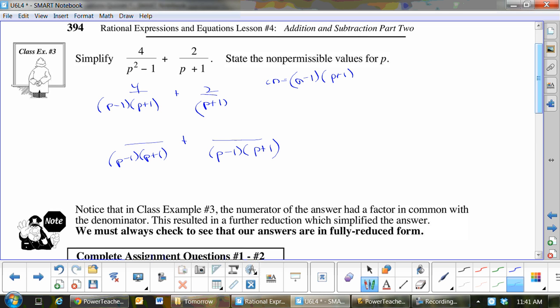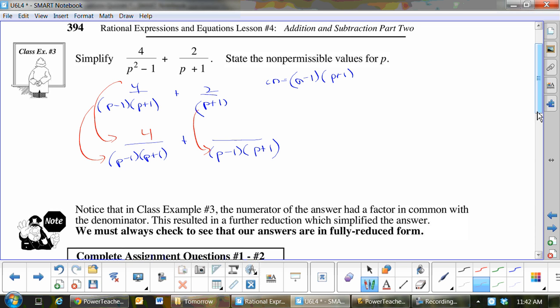Now what do I have to do to this denominator to get this denominator? I'll have to do the same here. Multiply by 1. Sure. 4 times 1 here is 4, right? That was a joke. What do I have to do to this one to get this one?